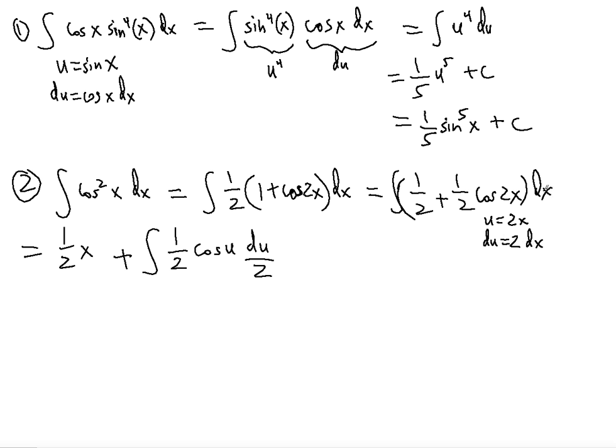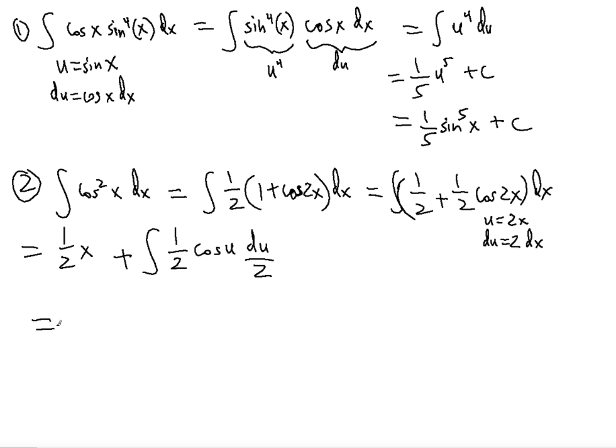And don't be thrown off by this 1/2 there. That 1/2 existed there originally, but since we have a du that didn't exist, we have to divide by 2 to compensate for that 2 that popped up in the du.